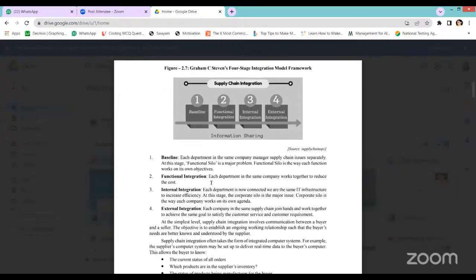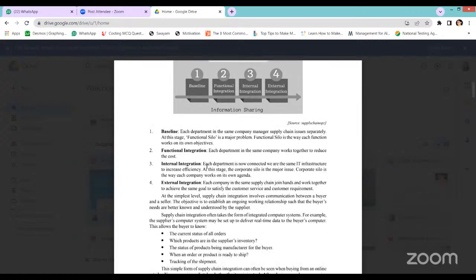What is the baseline? It's a department in the same company which manages supply chain issues separately. Each function works on its own, because at the baseline the different functions are supposed to work on their own objectives while coordinating with each other.